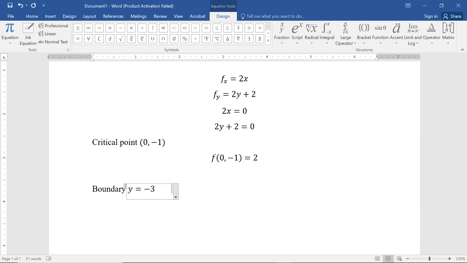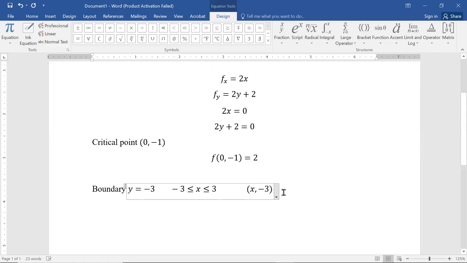That went from an x value of -3 to an x value of +3. So in other words, all of the points were looking like (x, -3).